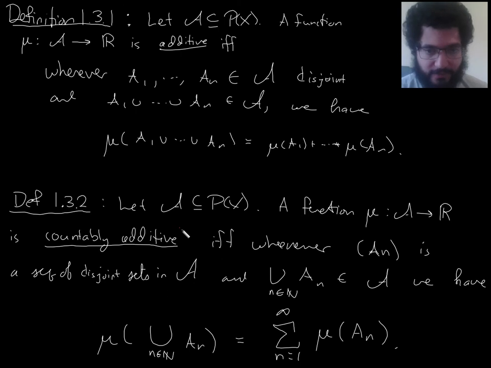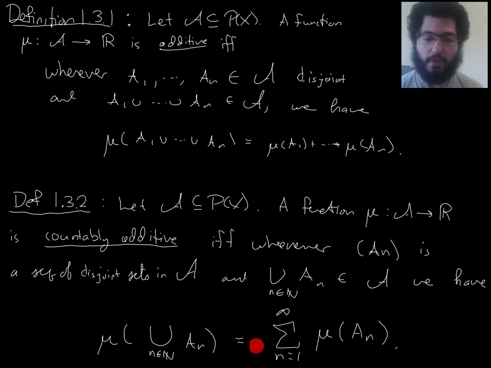So again, if we knew that fancy A were a sigma algebra, then it would be sufficient to not include this part, right? You would just say it's countably additive if and only if whenever you take a countable collection of pairwise disjoint sets, the mu of the union is the sum of the mu's.